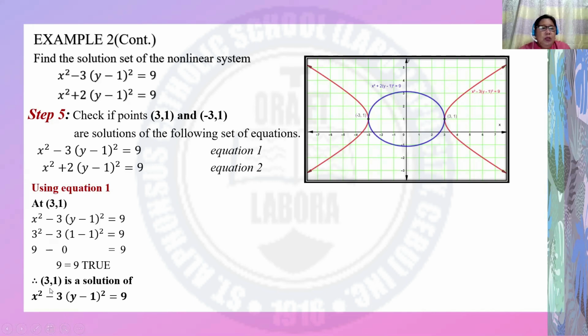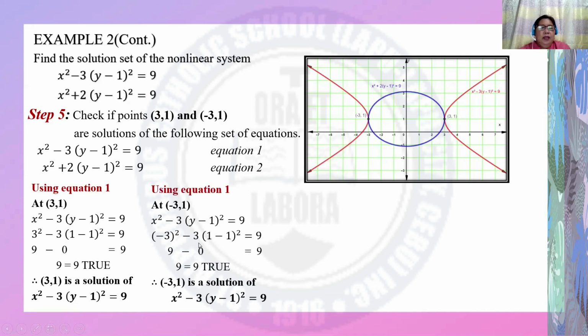Therefore, the point with coordinates 3, 1 is a solution of x squared minus 3 times the square of y minus 1 equals 9. And still using equation 1, at point with coordinates negative 3 and 1, substitute negative 3 to x and 1 to y.